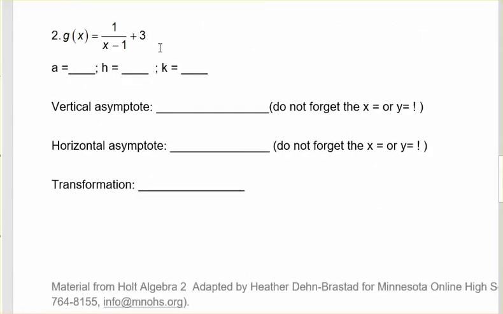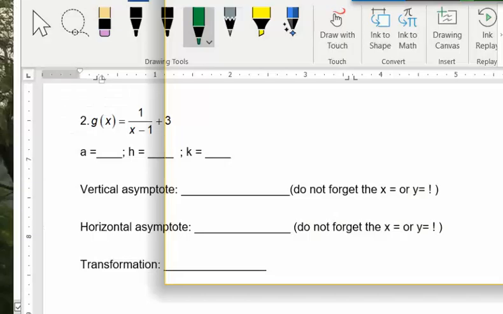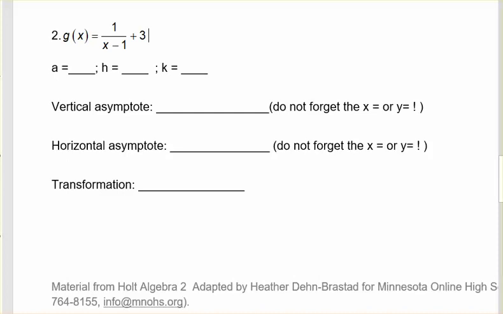On number 2, it says g of x equals 1 over x minus 1 plus 3. A is the number that is right here. That's A, and our A is just 1. Our H tells us how far left or right it goes, and that is the number that's added or subtracted from x.